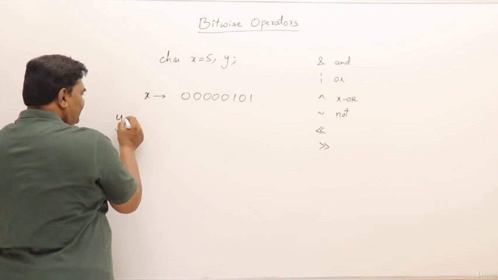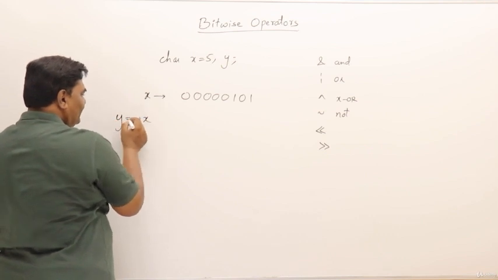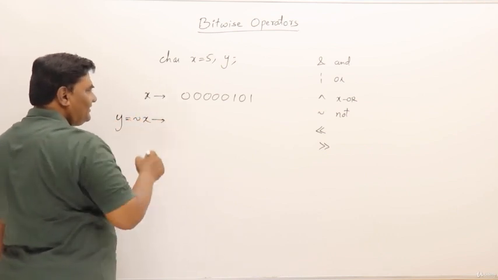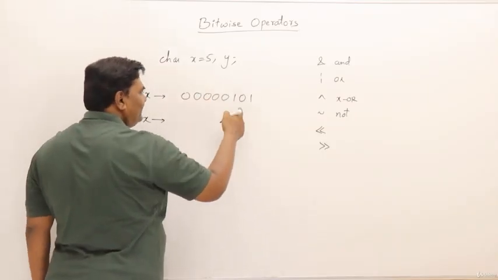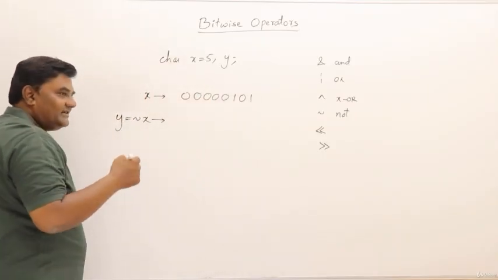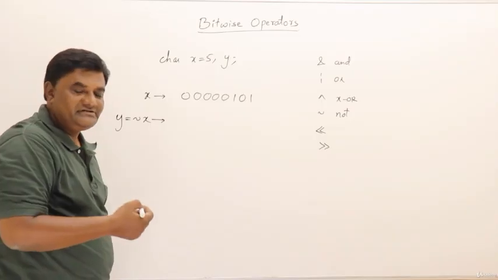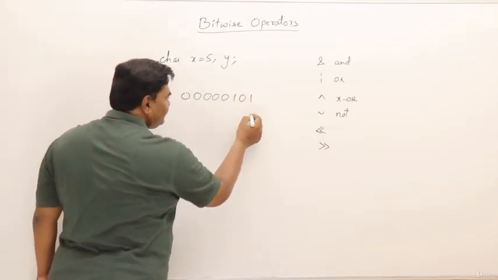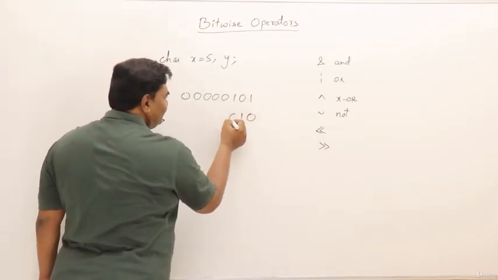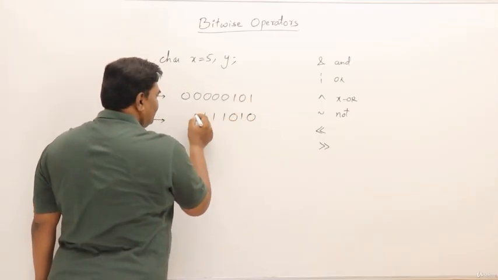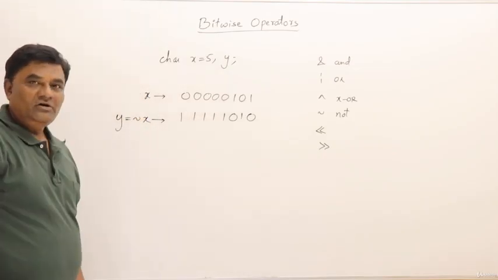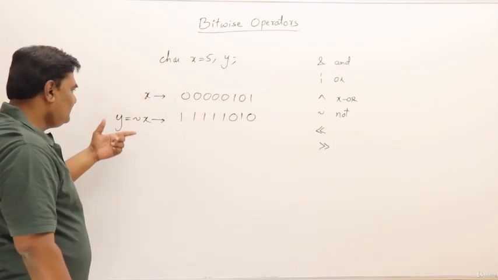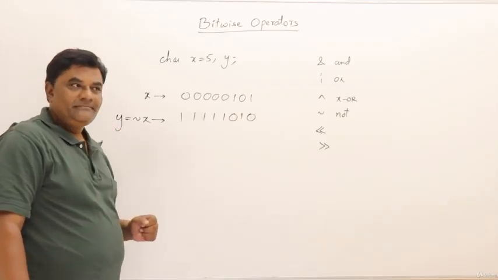Then if I say y assign not of x, then let us see what happens. Not means every binary bit will change its state. That is, 0 will become 1, 1 will become 0. So this becomes a 0 and 1 and 0. Then all these are 1s. So this is the complement or the NOT of x.